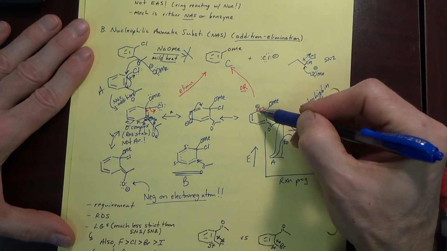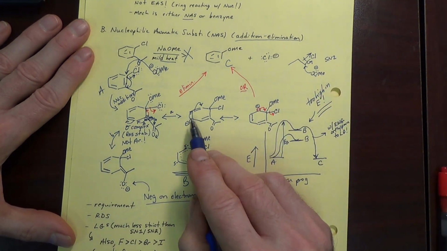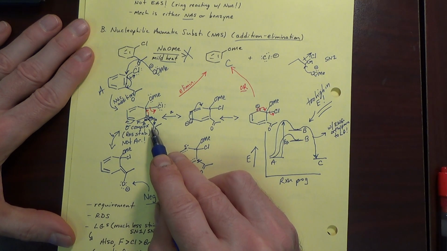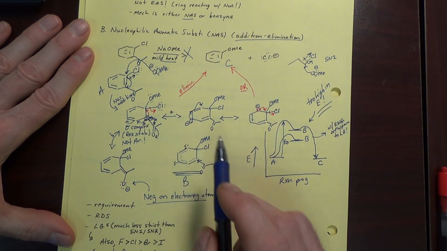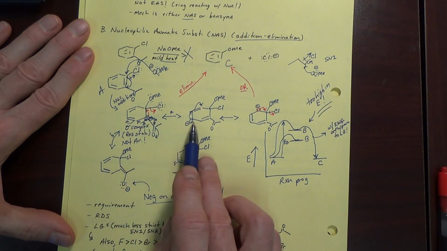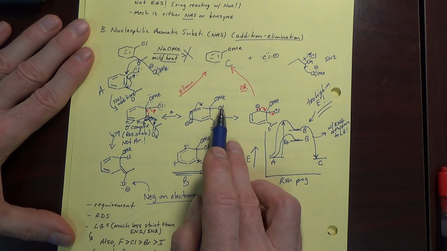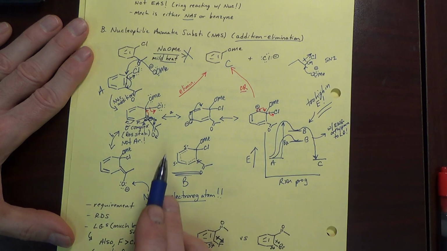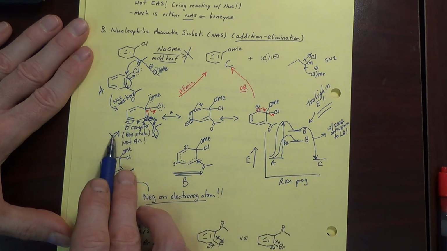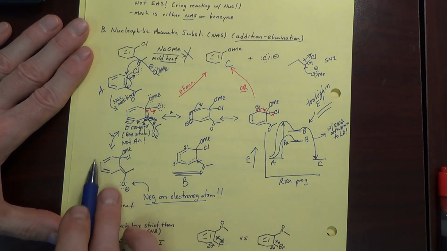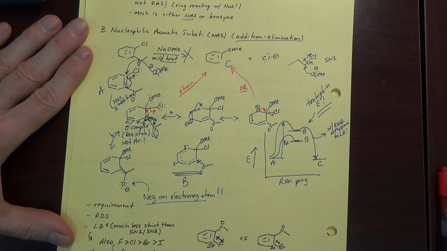Ortho, see, that's also ortho to the leaving group, or para. I could have put the ketone group, the carbonyl group, ortho or para. The negative charge never falls on the meta position compared to where the leaving group is. So if I place the ketone group or the electron withdrawing group there, I would not have been able to draw the additional resonance structure.